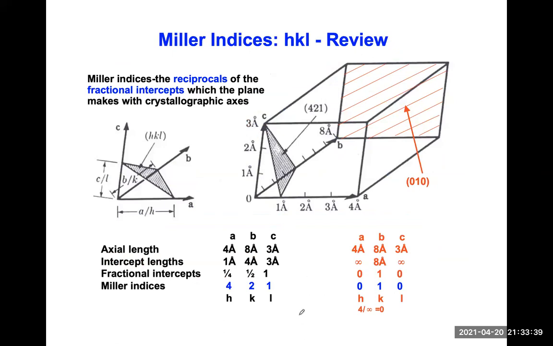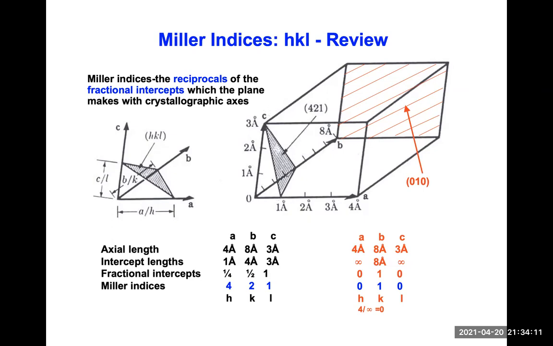HKL, here we go. A, B, C are actual lengths. Here we're measuring them in angstroms. From the bottom of the unit cell to point C, that's 3 angstroms. From the sort of origin to point A, that's 4 angstroms. To B, that's 8.